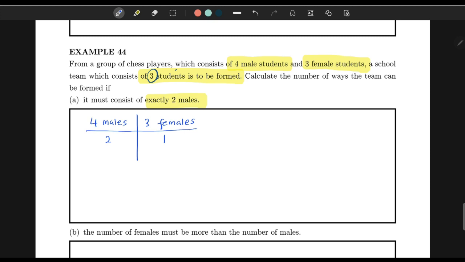So what is the answer? The answer is 4C2, 4 males choose 2, and from 3 females, we choose only 1. So we have 18 ways.